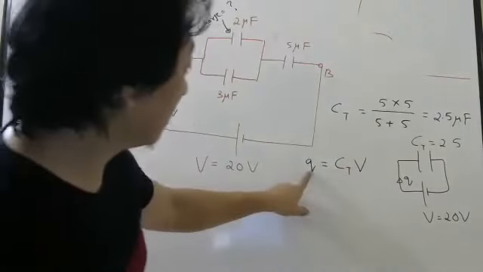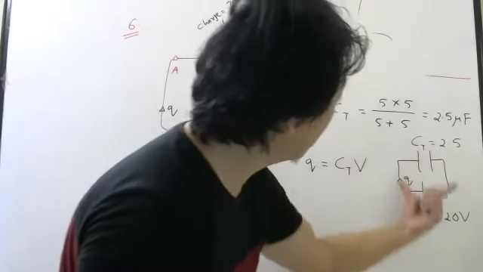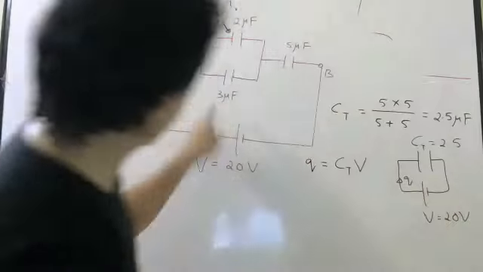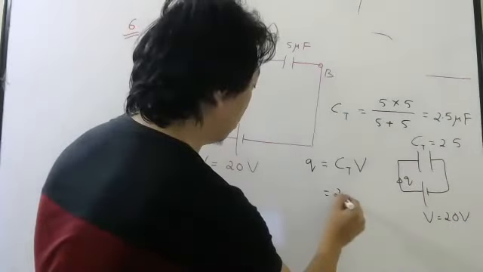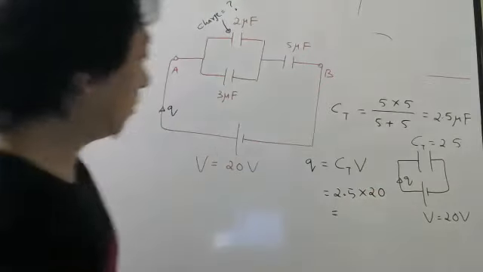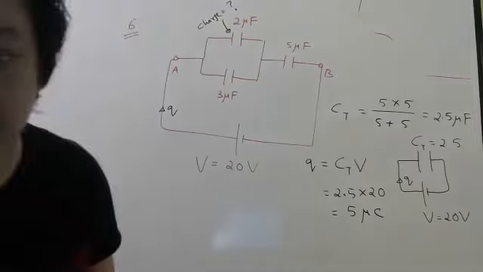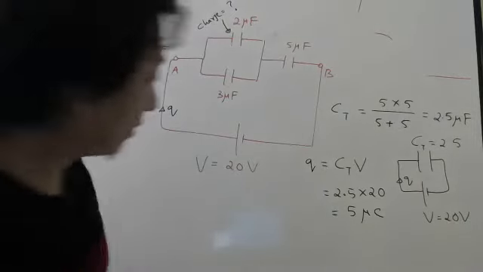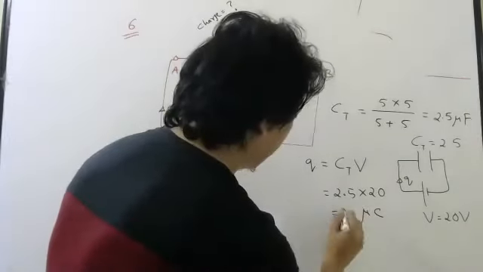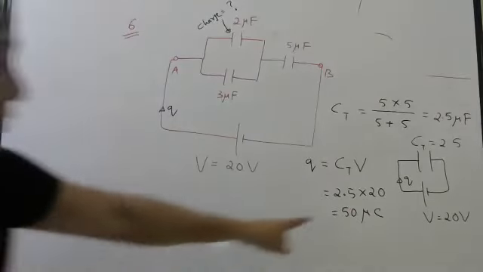So total charge coming from the battery will be total capacitance into applied voltage. Applied voltage is 20, so it will be 2.5 into 20. So it will be 5 microcoulomb. Correct na? 50 or 5? 50, yes, 50 microcoulomb, because 10 was there, right?